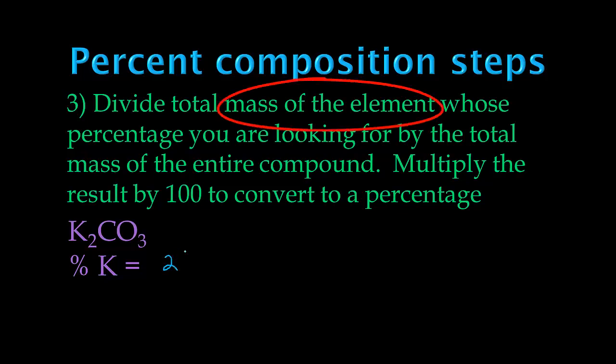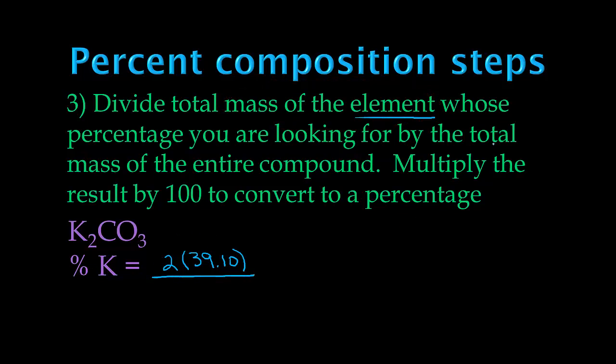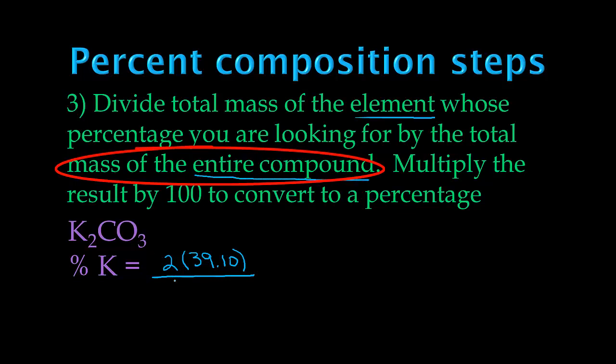We're going to have 2 times 39.10. That is the total mass of the element we're looking for. We're going to divide that by the total mass of the entire compound, which was 138.21.